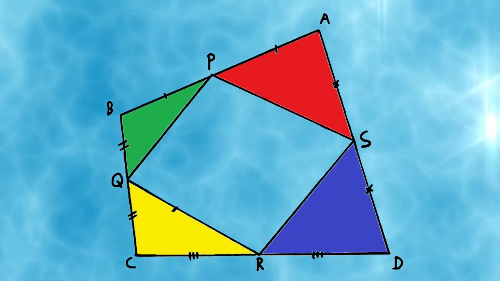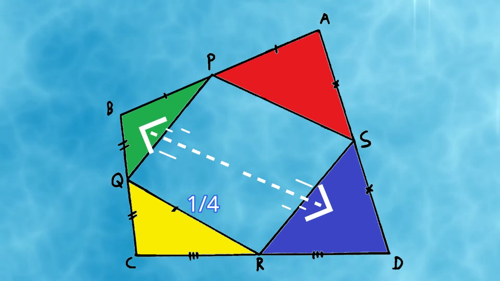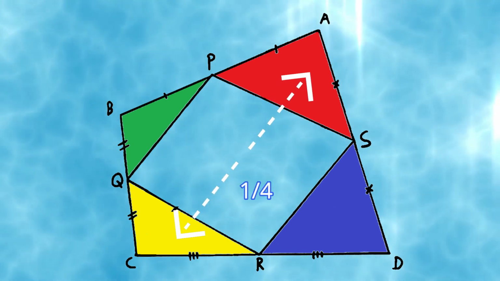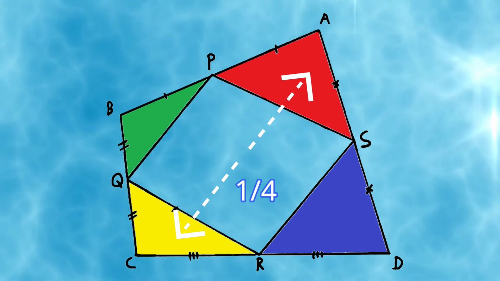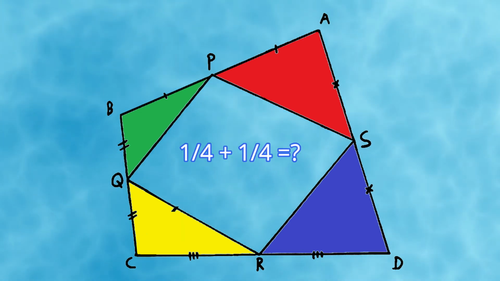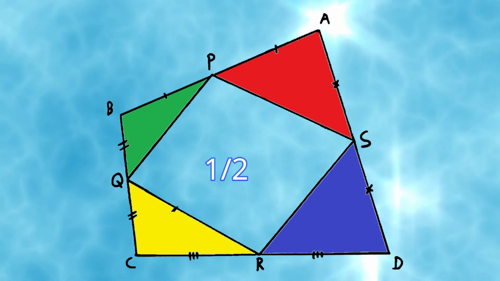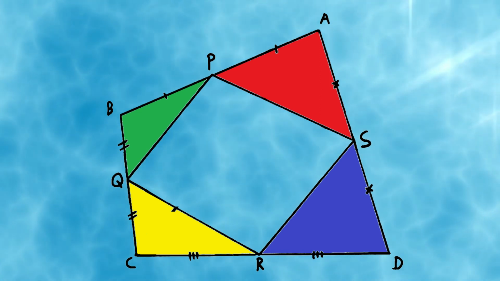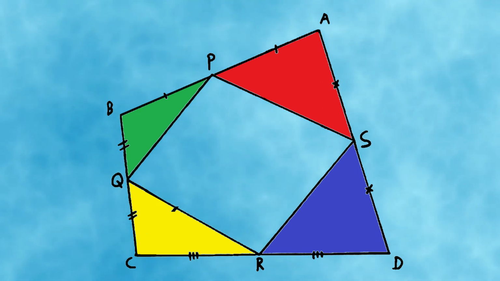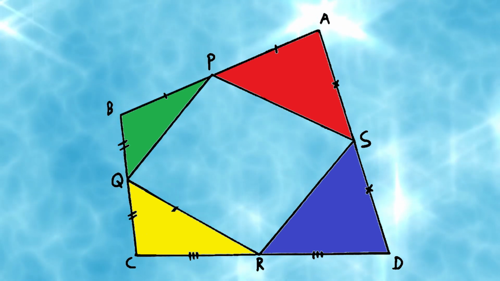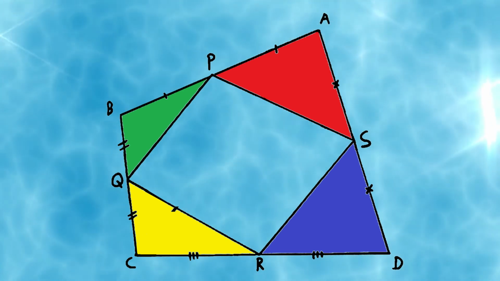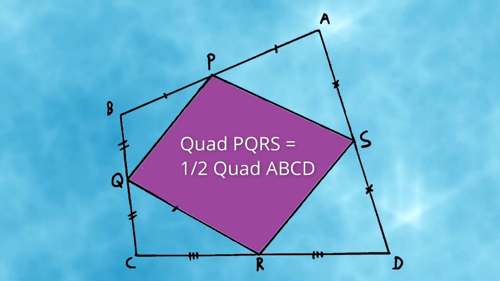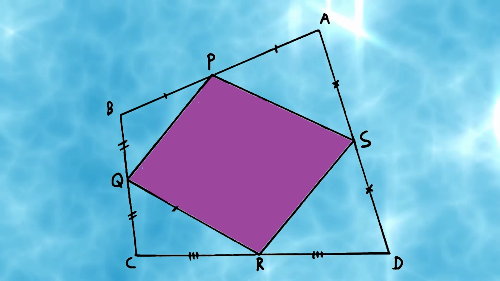When I combine this, the blue and the green triangle make 1/4, and the yellow and the red triangle also make 1/4. So what is 1/4 plus 1/4? Half, exactly. So these triangles make half of the entire quadrilateral. So what about the remaining part? The remaining part will also be half of the area of the quadrilateral. So that's how we get this proof.